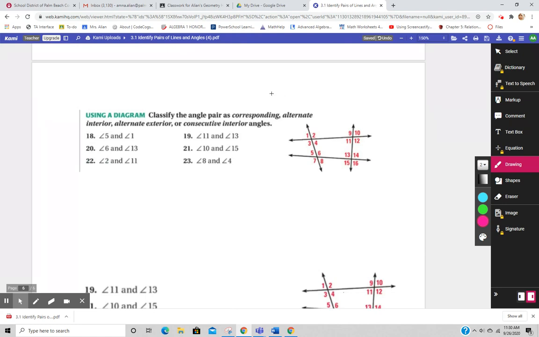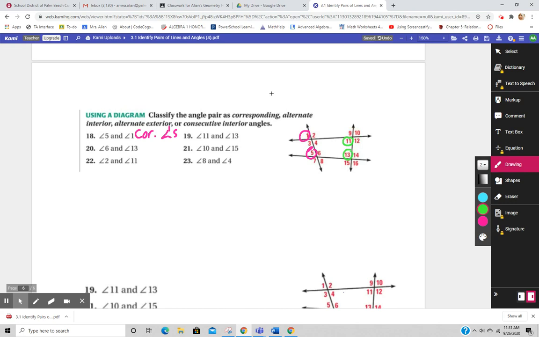You're doing more of the same here. Identify the angle pairs. 5 and 1 are corresponding angles. I'm just going to abbreviate corresponding angles, using the angle symbol. Okay, what do you think about 11 and 13?